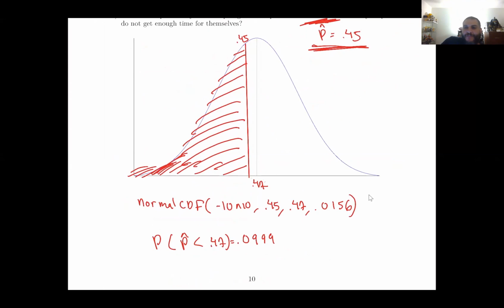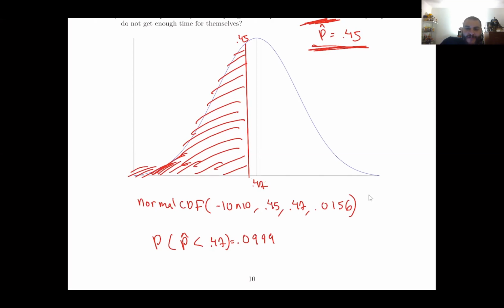So for this one, it says if I randomly select 1,025 adult women, the probability that 45% of them or less say they don't have enough time for themselves is approximately 10%. So they're telling you there's a 10% chance that that will happen.